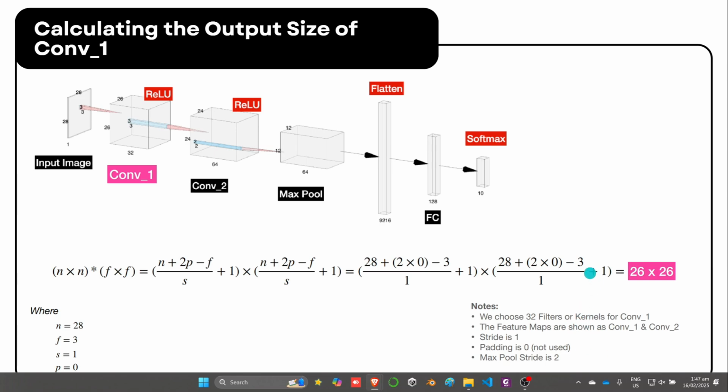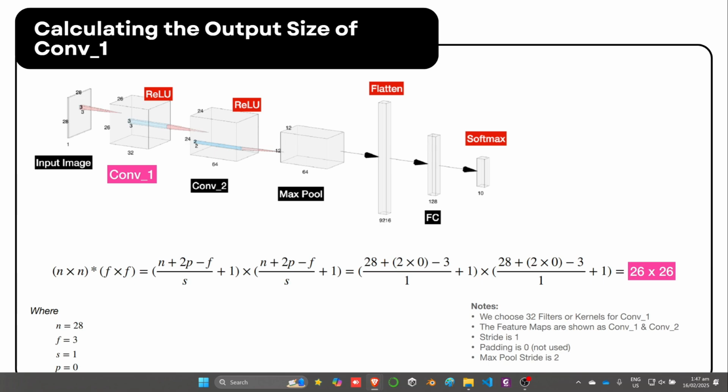For now, we just use this, literally as we considered max pool. So n is 28, and as you can see here, p, which is padding, is 0, and so 2 times 0 is 0, minus 3.